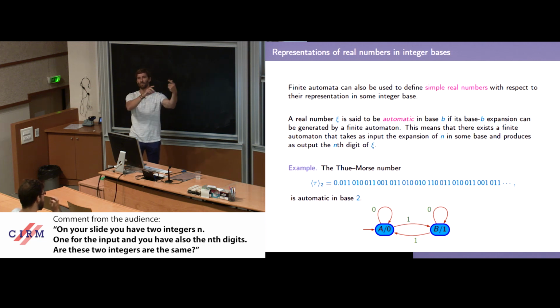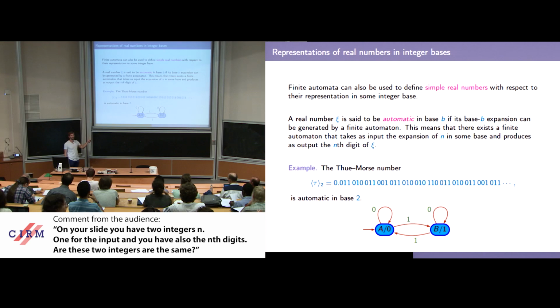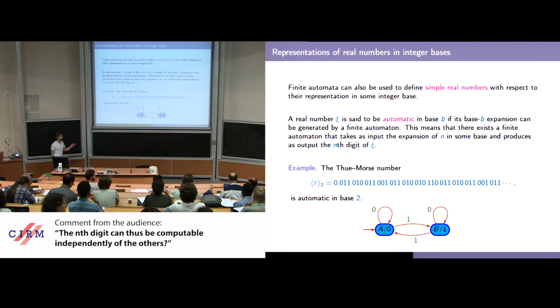Then you write 2 in base 2, it gives you the second digit, and then you feed the machine with 3 written in base 2. You get the third digit, and so on. So like this, you compute the digits successively of your number. Just to clarify, every digit can be computed independently of all the other digits? Yeah, in that case, yes.